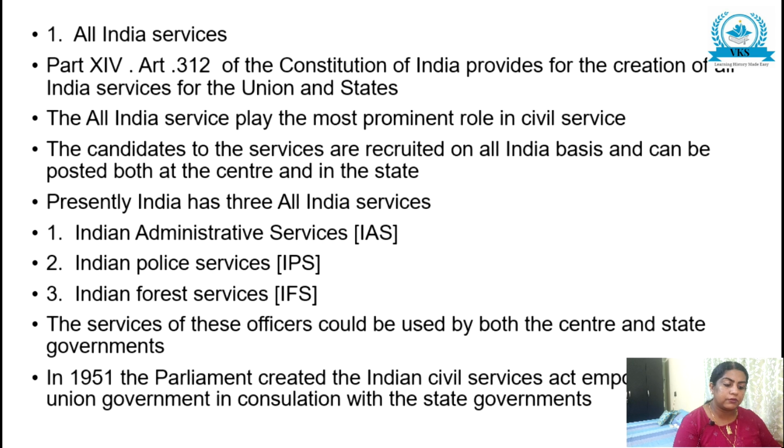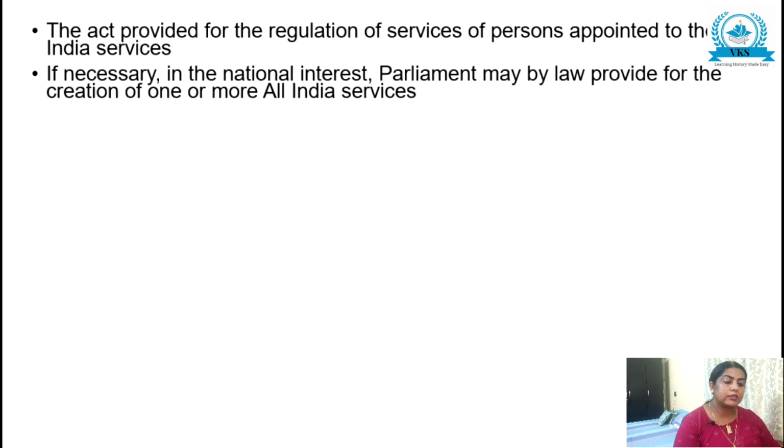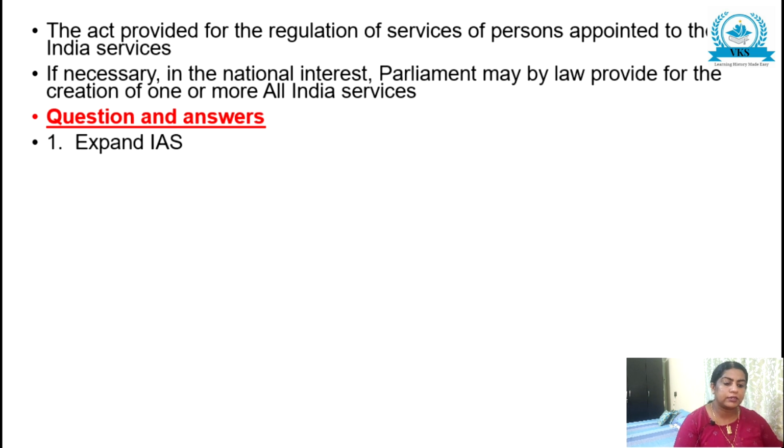In 1951, the Parliament created the Indian Civil Services Act, empowering the Union government in consultation with the state governments. The Act provided for the regulation of services of persons appointed to the All India Services. If necessary, in the national interest, Parliament may by law provide for the creation of one or more All India services.